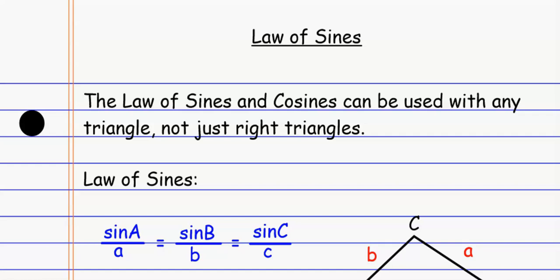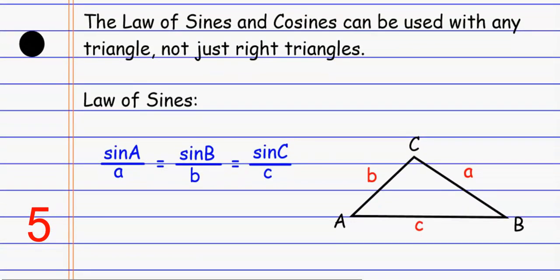The law of sines is the easier of the two for most students to remember because it really is just a ratio. And it's a ratio between the sine of any angle in the triangle and its opposite side. So that's what this is displaying. We have the sine of A over A. Angle A and side A are opposite of one another.